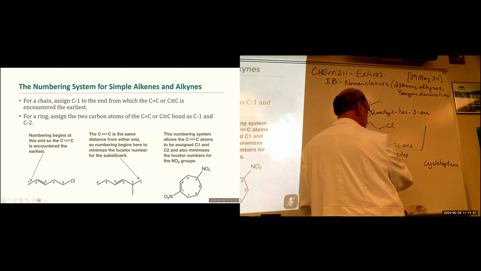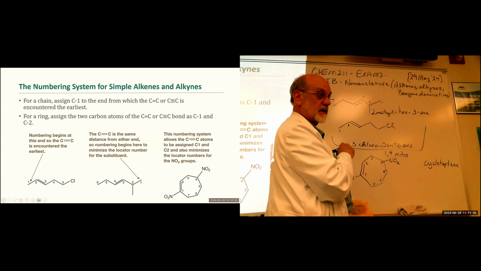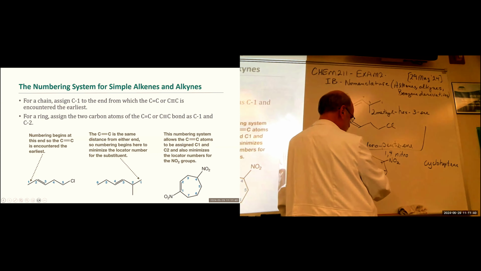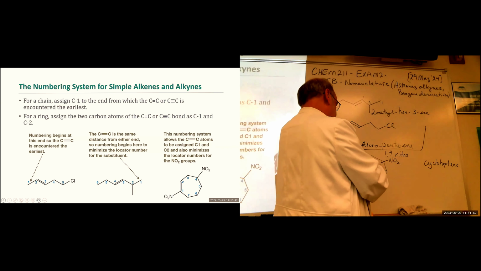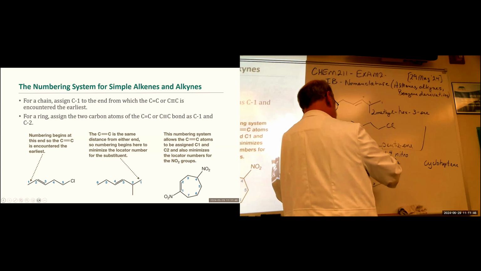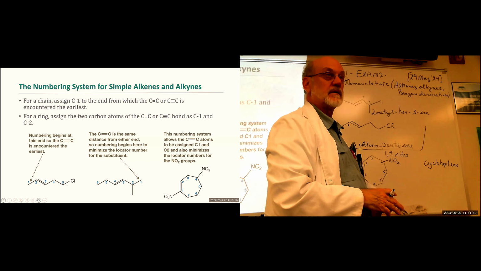This just means that the first nitro is attached to the carbon that begins the double bond. And then the fourth one tells you which direction to go, right? We could take it and flip this molecule over, and then instead of going this direction, we go the other direction to give us the smallest numbers, right?